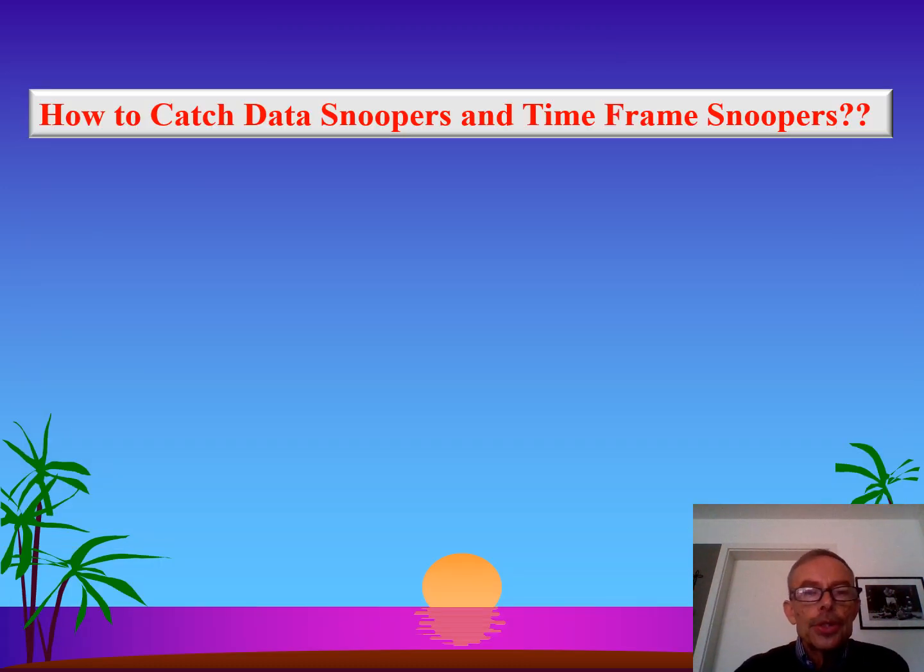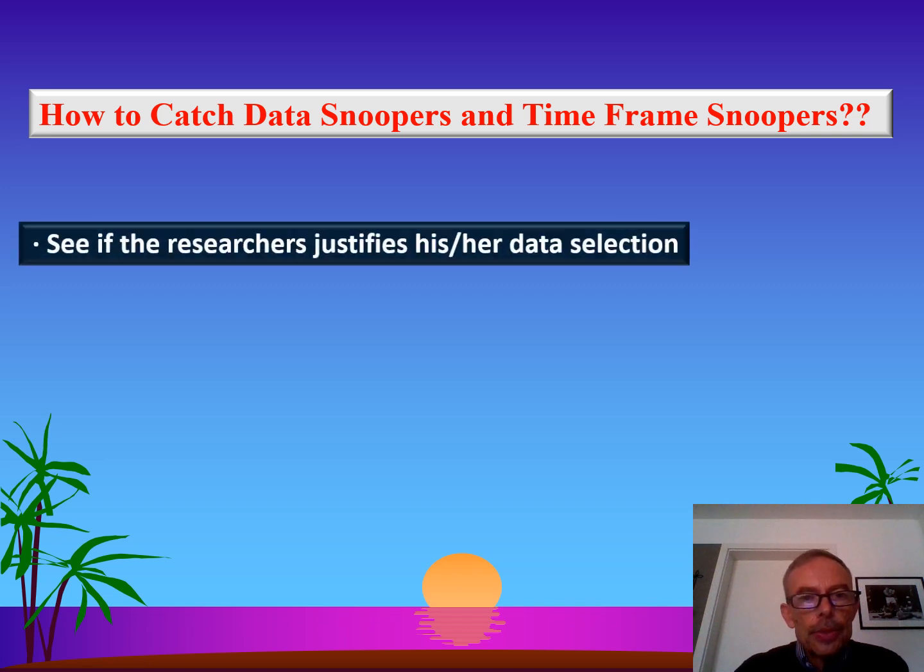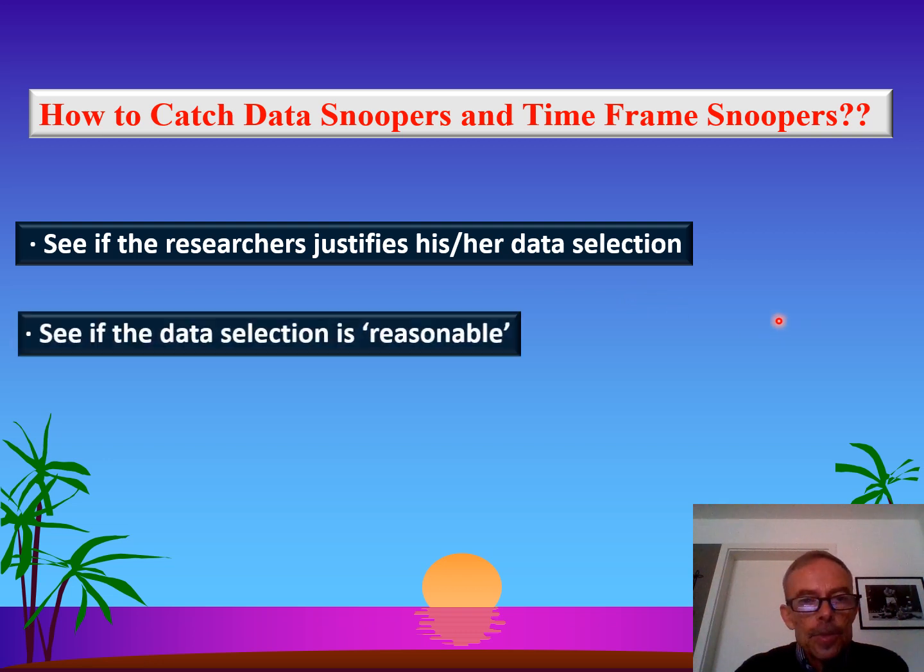How to catch those data snoopers and time frame snoopers? Well, see if the researcher justified his or her data selection, right? See if the data selection is reasonable, or if the researcher took a time frame that is very unusual, maybe 20 years ago, just for a time frame of a year or so.